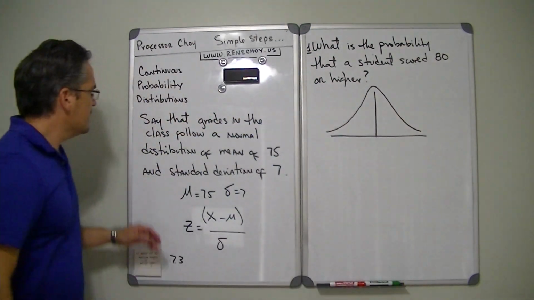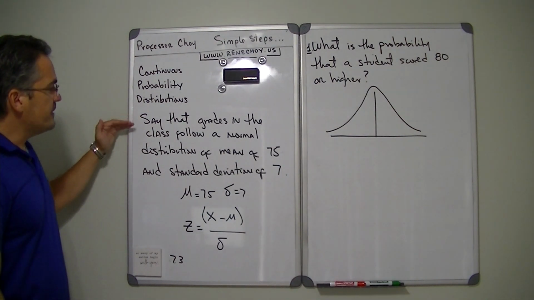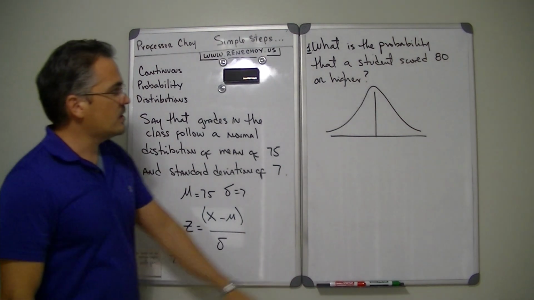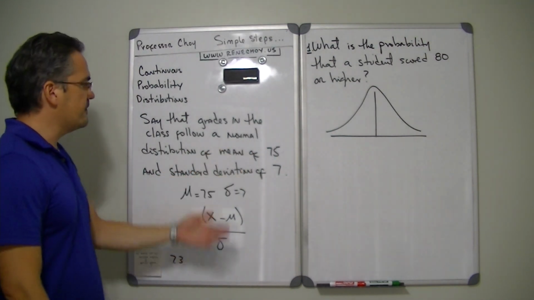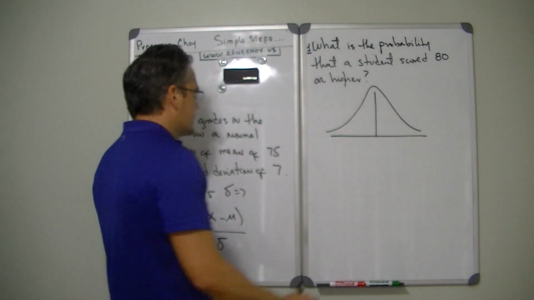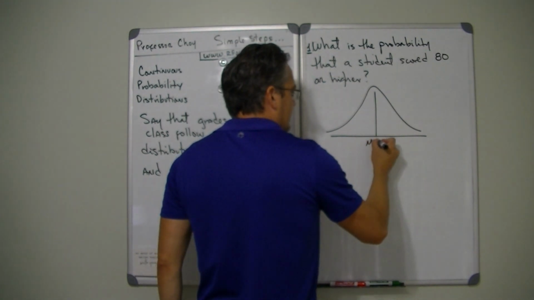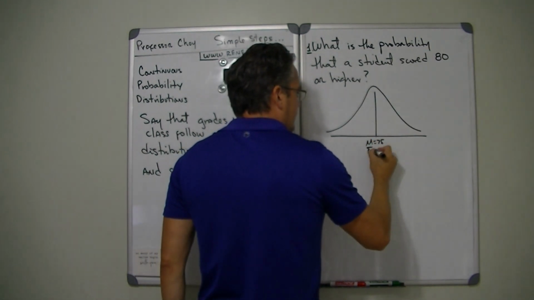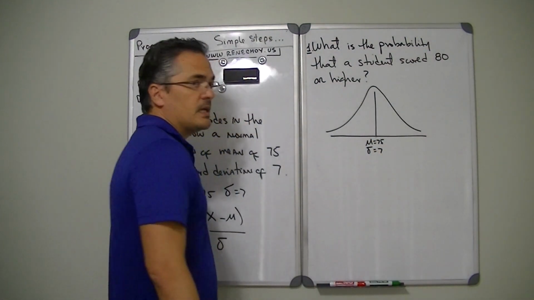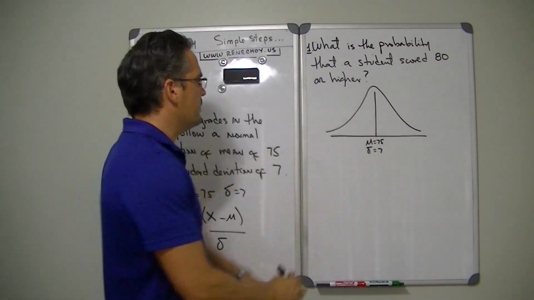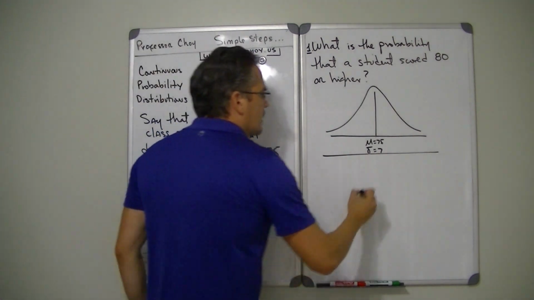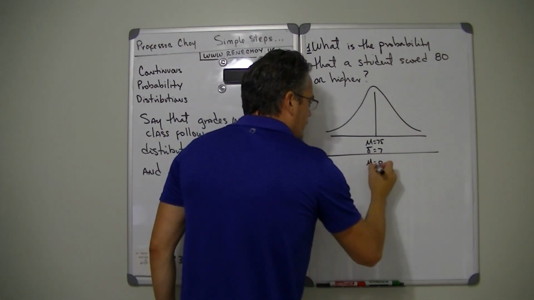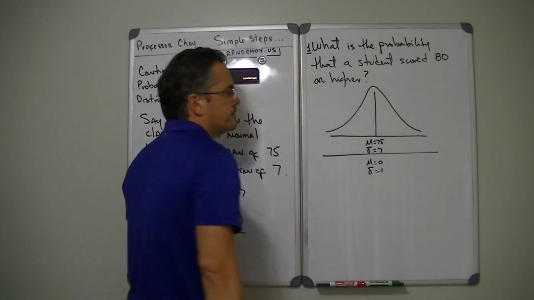I know that the grades in the class follow a normal distribution, so I know how the normal distribution looks. I know that the mean is at 75 and the standard deviation is at 7. So we have our mean at 75 and our standard deviation at 7. I also know that as soon as I transform that into a standard normal, it's going to become a distribution with a mu of 0 and a sigma of 1.